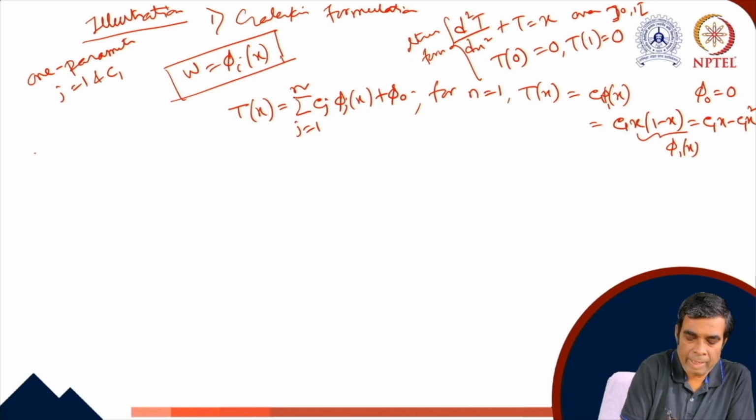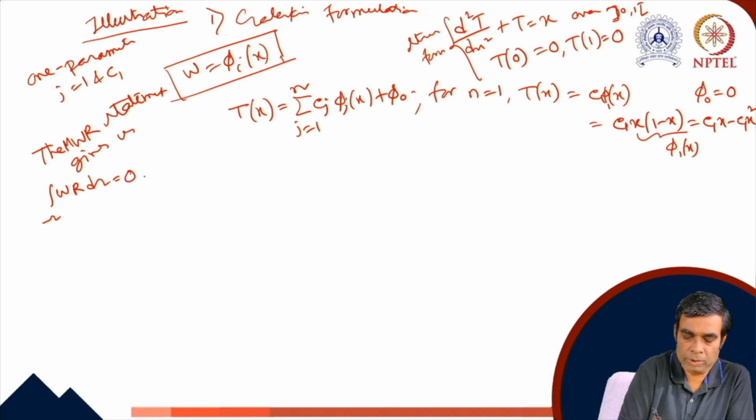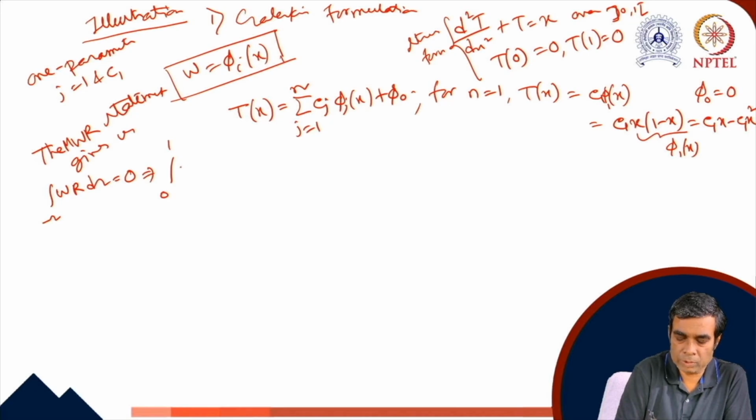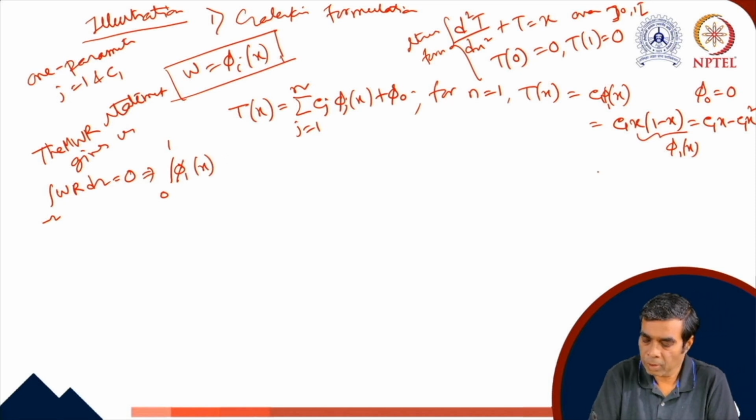Now the MWR statement gives us the integration over omega of W R d omega equals 0. This gives us integration from 0 to 1. Now W equals φ1(x), and from here we can find dT/dx.